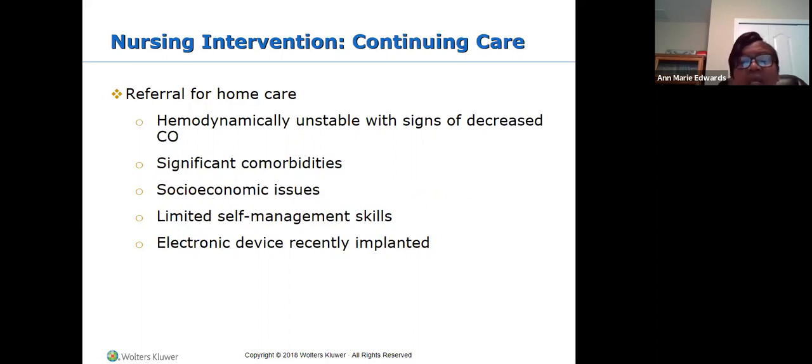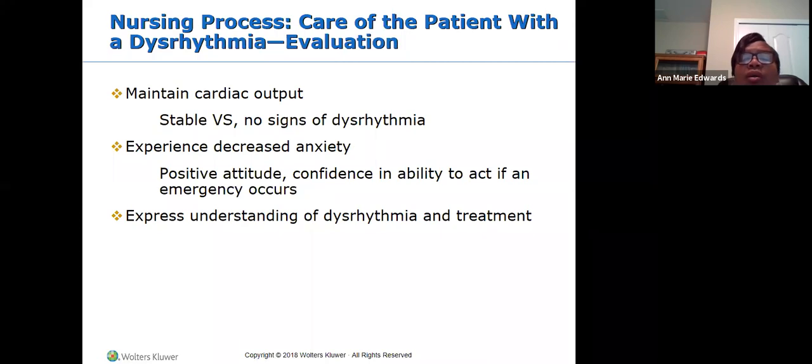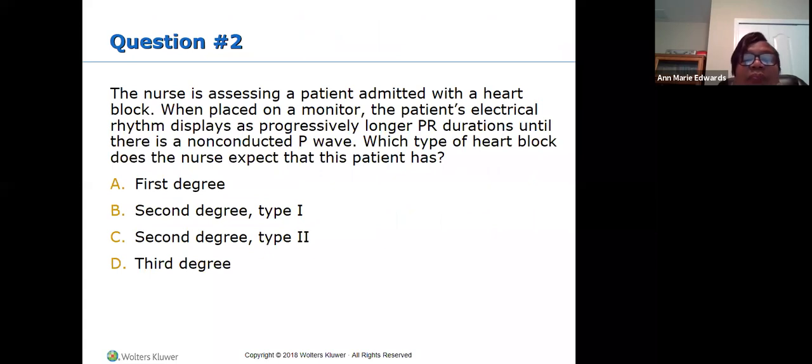Now some evaluation for these patients. We want them to maintain adequate cardiac output, stable vital signs, and be free from signs of dysrhythmia. We want them to have a decrease in their anxiety, a positive attitude, confidence in their ability to act if an emergency occurs, and to express understanding of dysrhythmia and treatment.